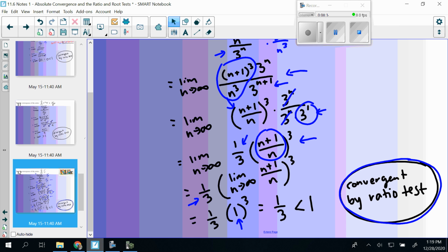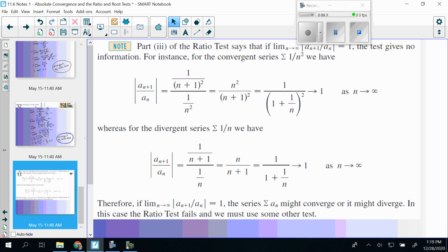So that one would be one you could show either by a ratio test or root test would also work. With that last thing, remember if it equals 1, then it doesn't give us enough information. Just to show you that that is in fact true, if you were to do the ratio test with the series 1 over n squared, what we would have here is our n plus 1 term over our actual series.